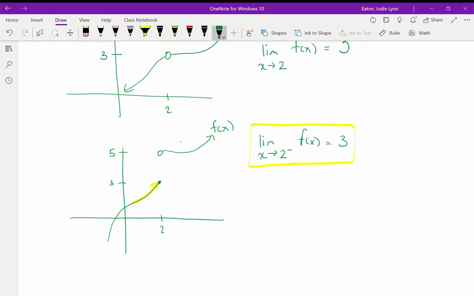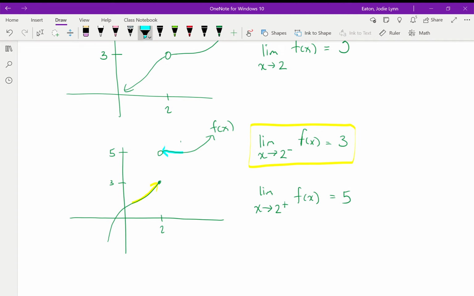Okay. So now if we're coming from above, let's swap colors. We're going this way. We're looking at what's happening when we're coming from the right-hand side. So we say the limit as x approaches 2 plus, so as x approaches 2 from above, of f of x equals 5.